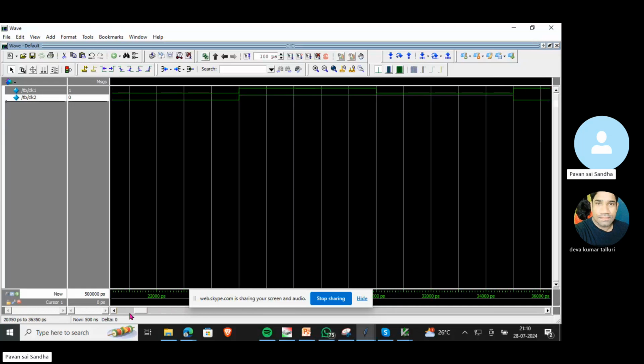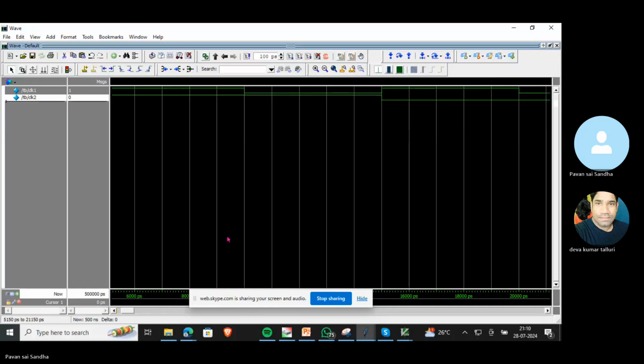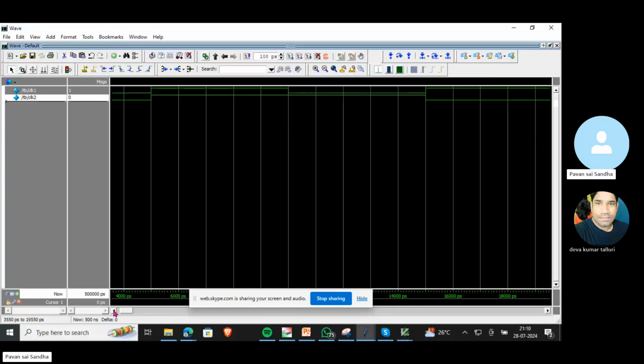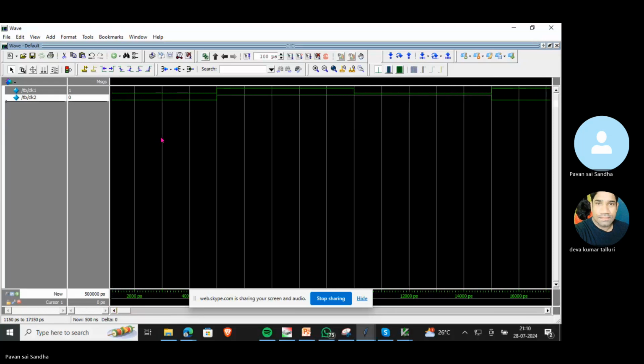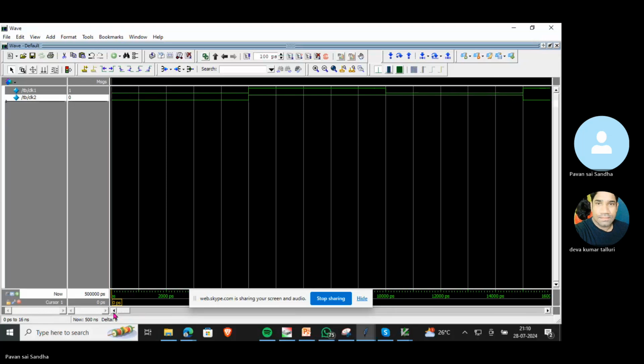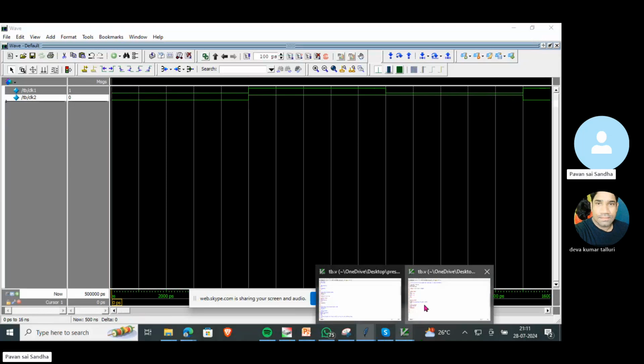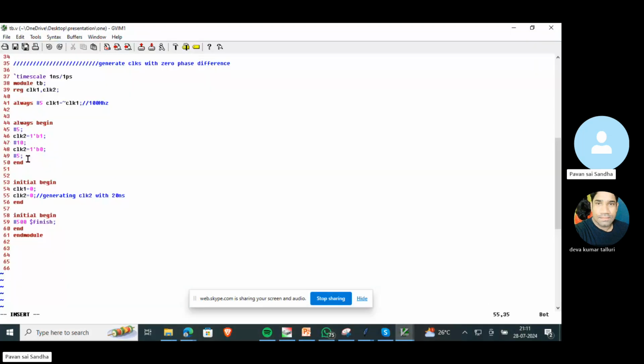Something happened. Look here. I've done it. Both clocks are generating without any phase difference. That's the difference between the previous two clock generation and here also two clock generation without any phase difference. So here you have to observe that this always block plays a crucial role to make sure there is no phase difference.